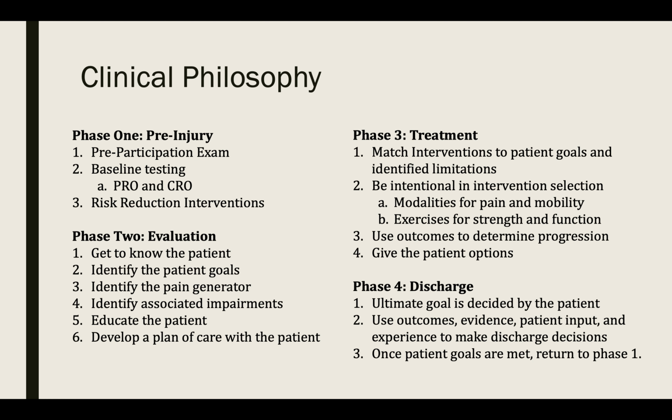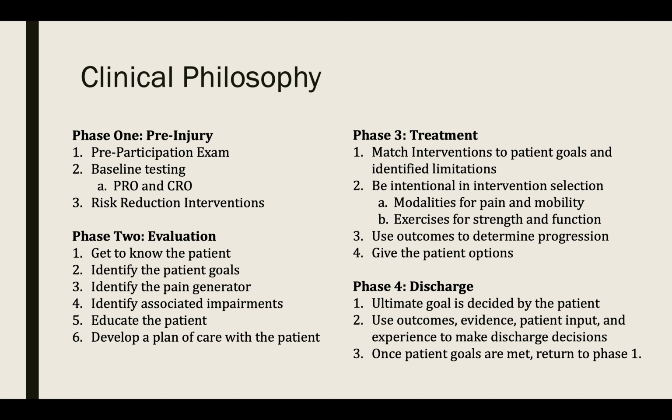We want to measure and determine our progress, both see how they're progressing and determine when we can progress based on outcomes, based on measurable data that we can collect. And we want to give the patient options throughout the treatment phase.